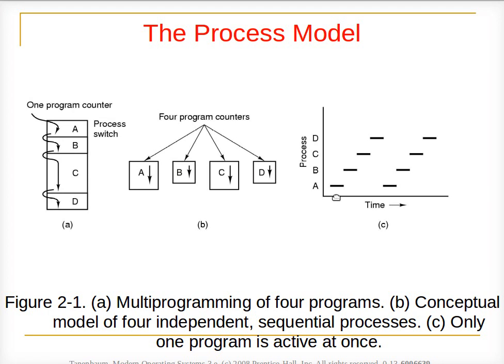And finally, the last plot on the right shows a single program being active at once. This is the time view of the processes, and we can see how, when a single process is active at a time, process A has to be evicted from the processor. That's when process B starts and runs until it's evicted.